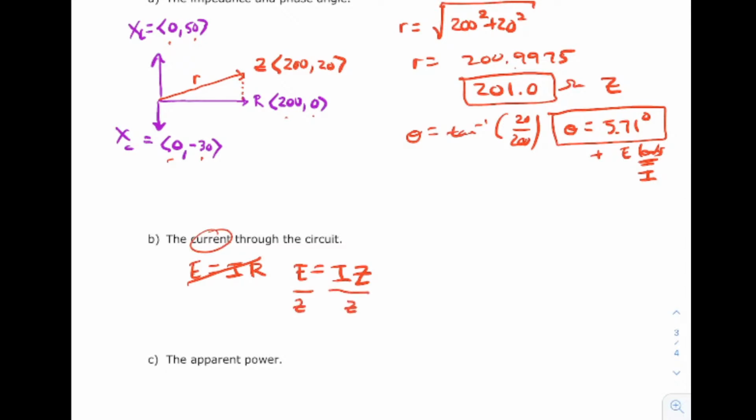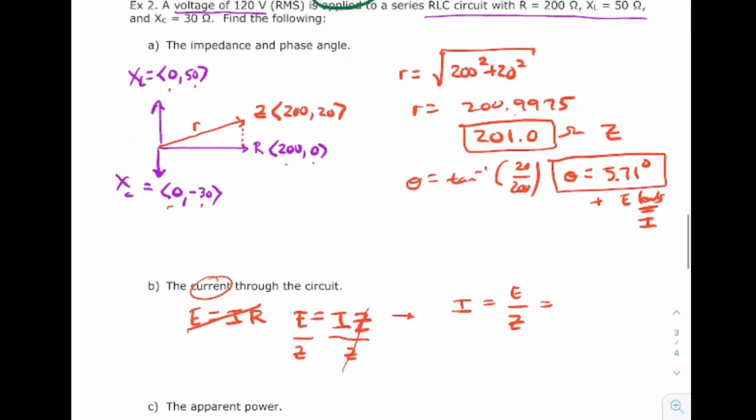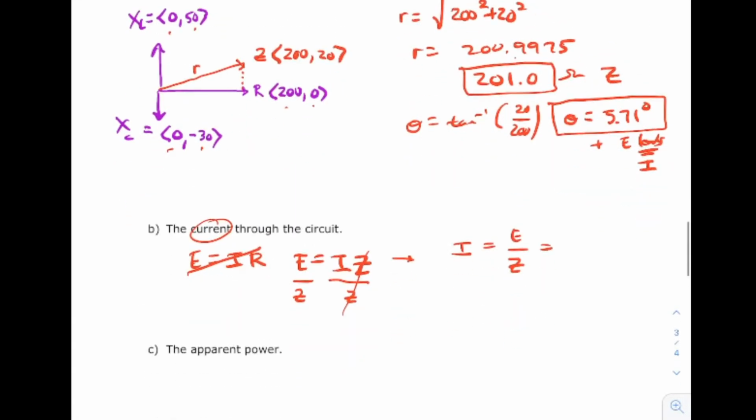I cancel the Z off, and my formula is E divided by Z. So I take my voltage, which they gave us, 120 volts RMS, and divide it by the Z that we just solved for, 201.0.